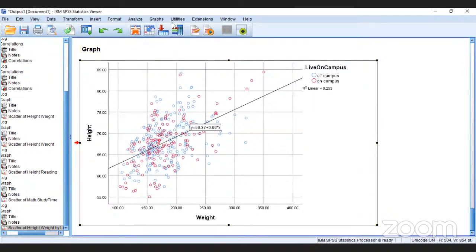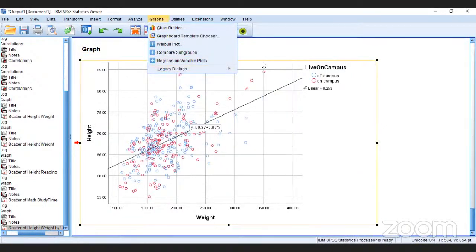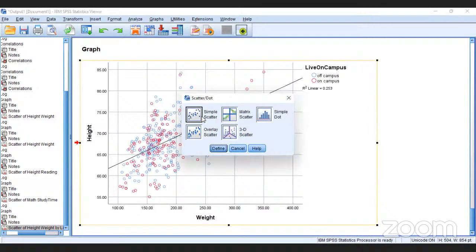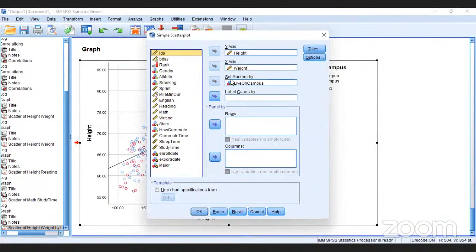Yeah, you go to graphs, legacy dialogs, scatter plots, and you define them, set markers by. You can take anything you want to see. But you may want to segregate, let's say take markers on campus and differentiate between gender.